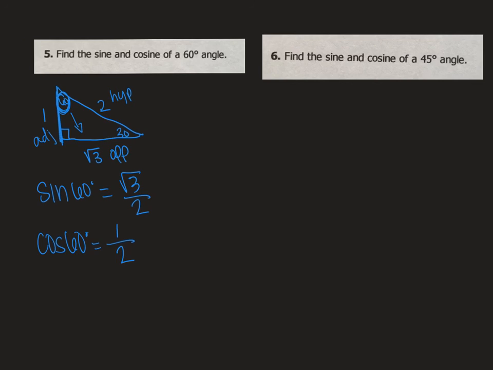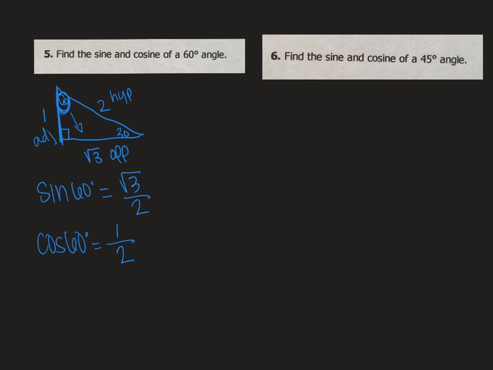Now, some of you might be thinking, well, where did you get the 1, 2, and square root 3? Well, I picked any number I wanted for my short leg because it doesn't matter. You could pick 2, 3, 4, 100. It doesn't matter because you're still going to use special right triangles to find your long leg and your hypotenuse. Your hypotenuse is always going to be 2 times whatever your short leg was.